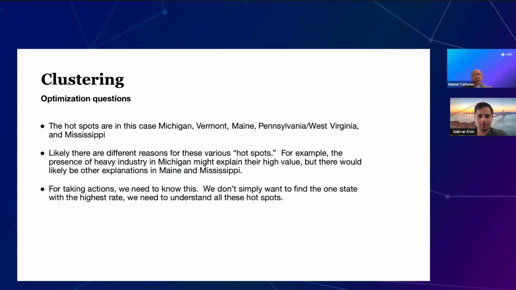So again, there are probably different reasons for these various hotspots. For example, presence of heavy industry in Michigan might explain their high value, but there could likely be other explanations in Maine and Mississippi. When we want to take actions, we need to know this kind of information. It's not enough to simply optimize and find the highest point.